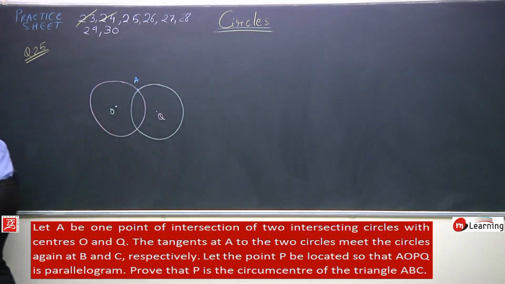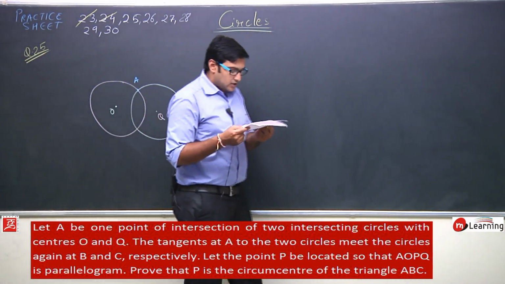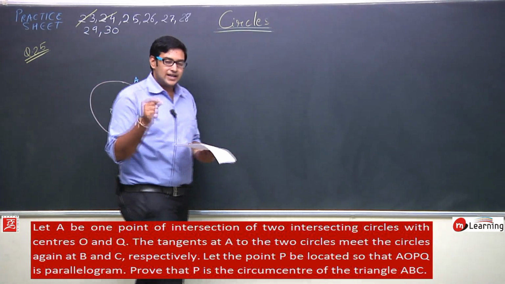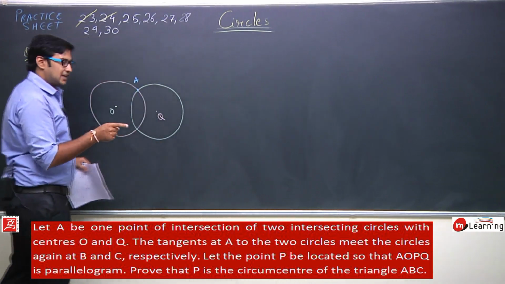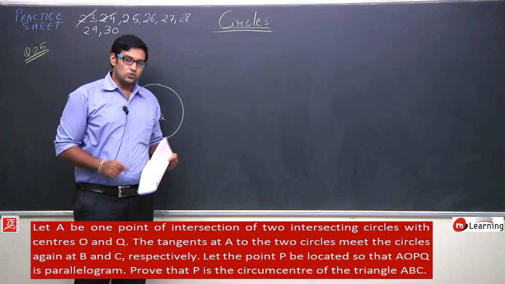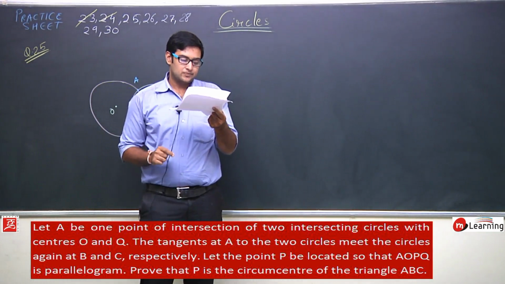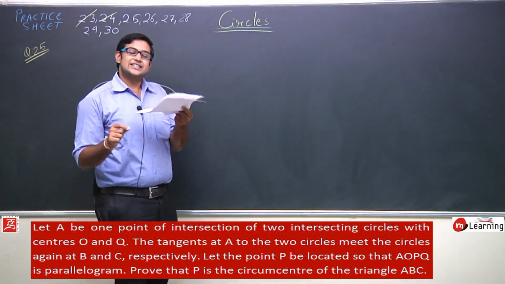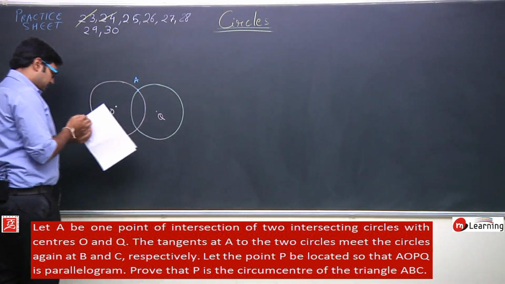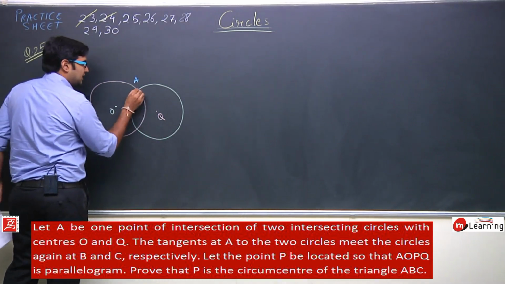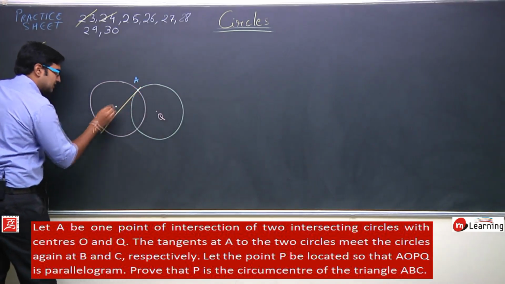After that it says, the tangents at A to the two circles. Since point A lies on both the circle with center O as well as the circle with center Q, you need to draw tangents to the two circles, and the tangents meet the circles at points B and C respectively. If I draw a tangent at this point A to this green circle, it will be something like this.